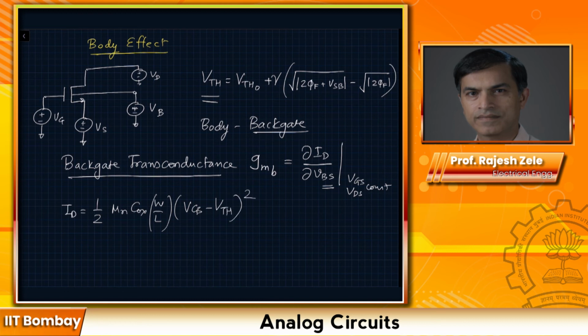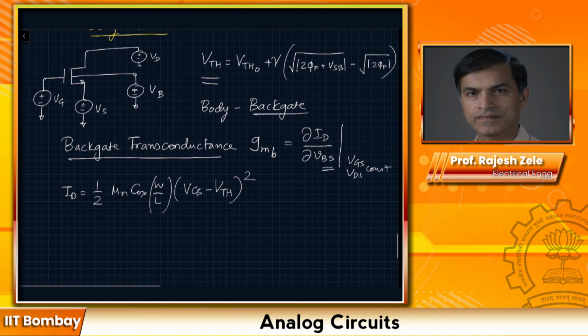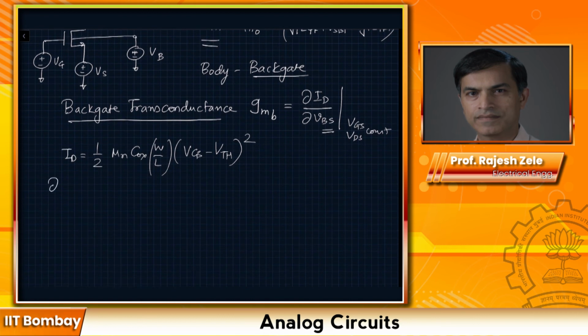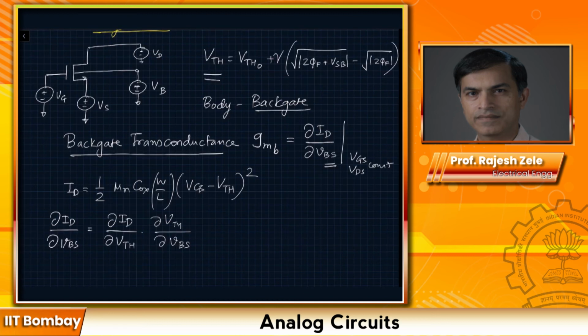For now, I am ignoring the channel length modulation because it doesn't add anything right now. And then we can calculate del ID by del VBS is equal to, by chain rule, del ID by del VTH and del VTH by del VBS.